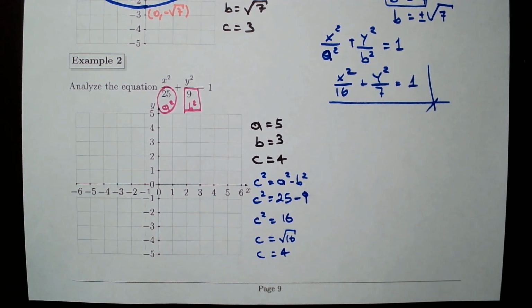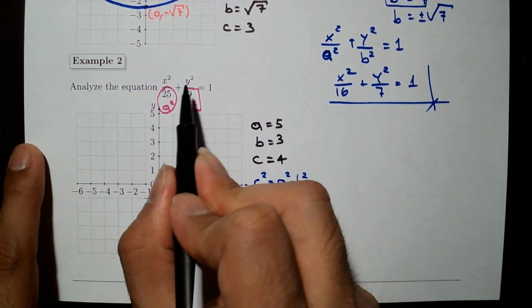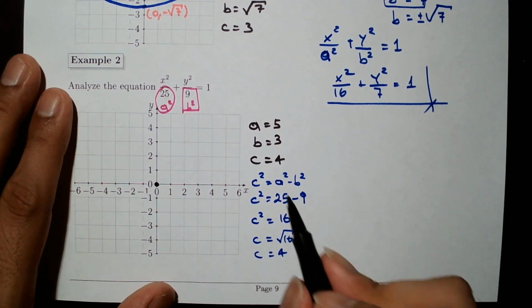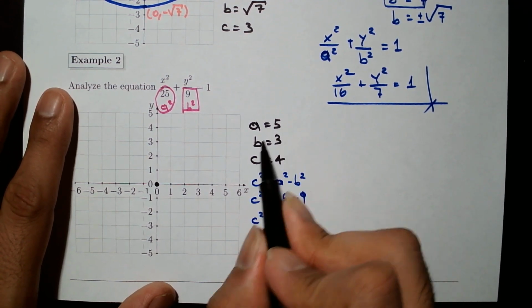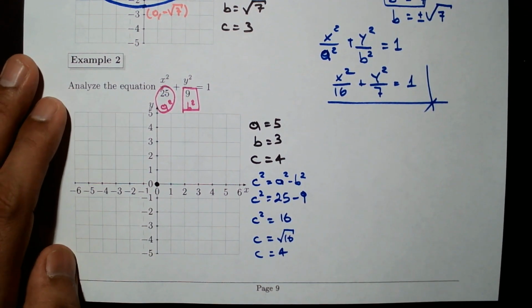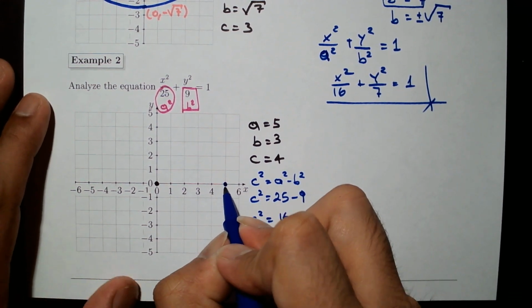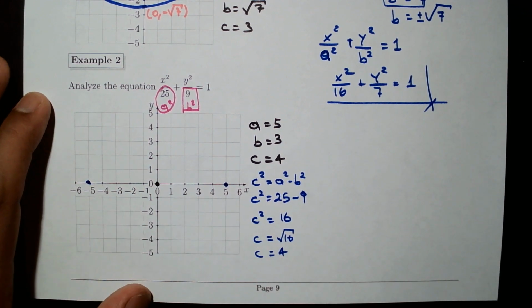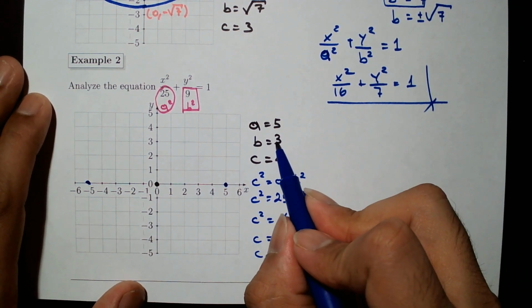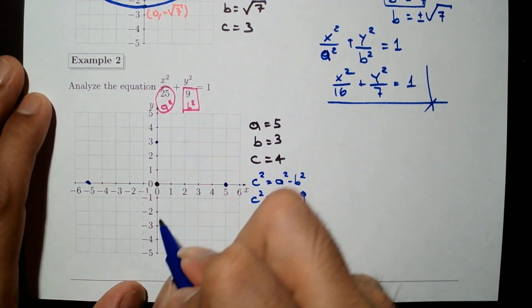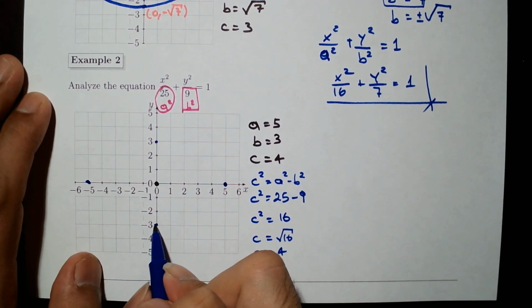Now, first of all, let's plot all these points. First of all, we know that the center is the origin. A is the number of units along the major axis. So in this case, 5 units. By symmetry, -5. The minor axis is related to the quantity B. So in this case, 3 units up, 3 units down.